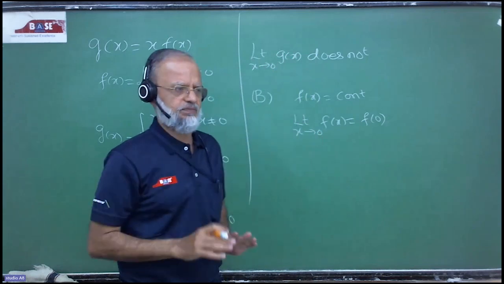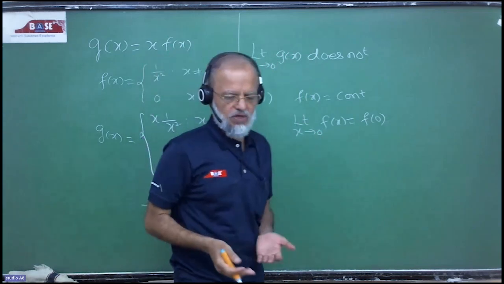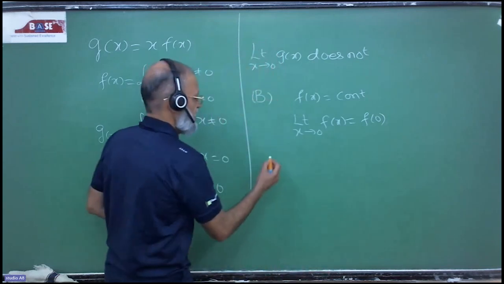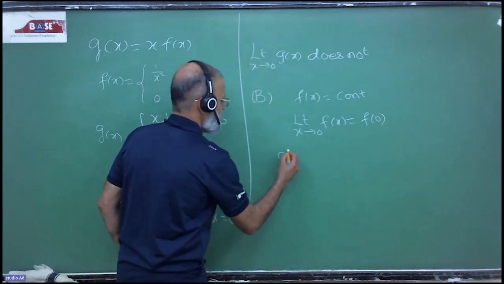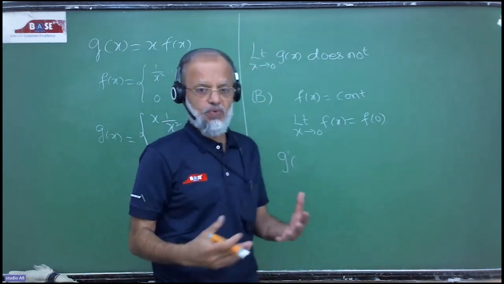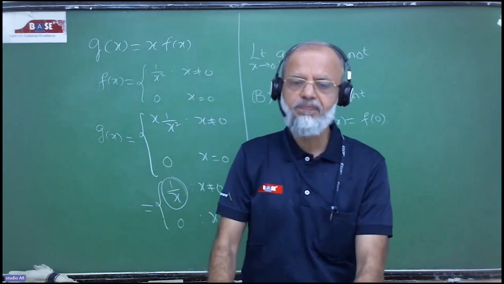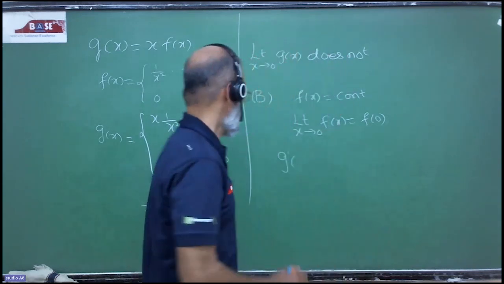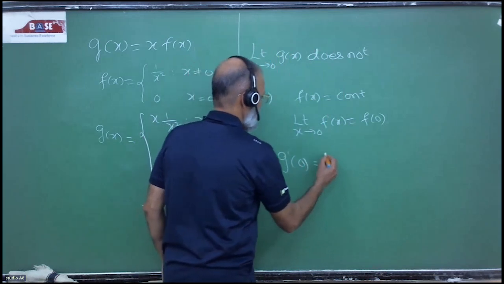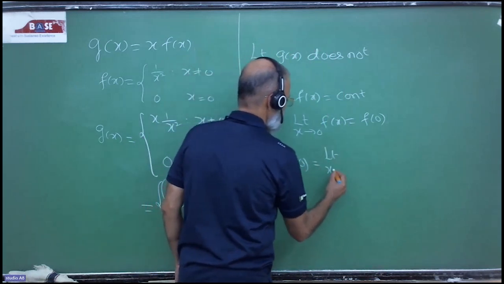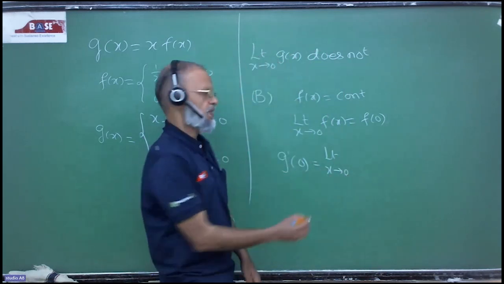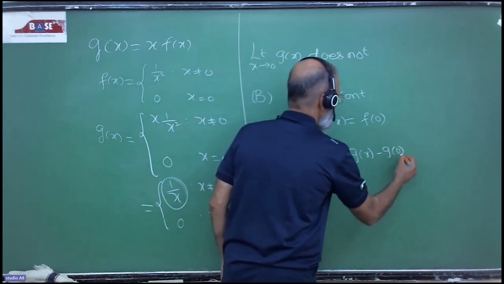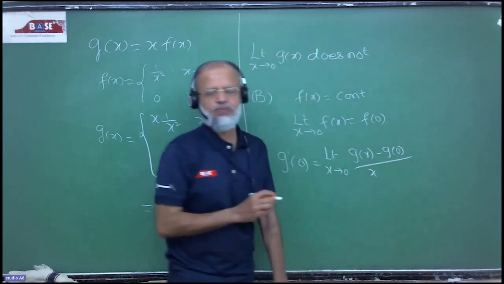There is some constant. Now we have to talk about the differentiability of g of x. So g dash, and at what point are they asking? At 0. So I will write g dash 0. According to the definition, it is the limit as x tends to 0 of g of x minus g of 0 divided by x minus 0.